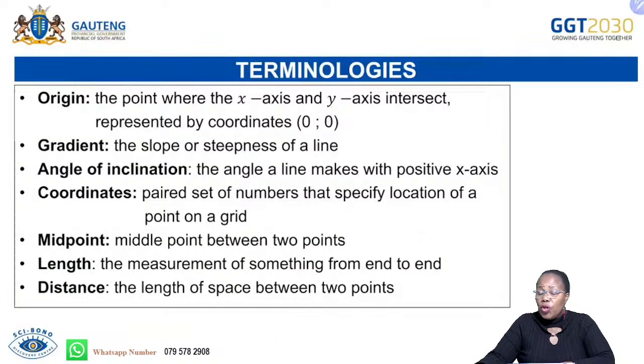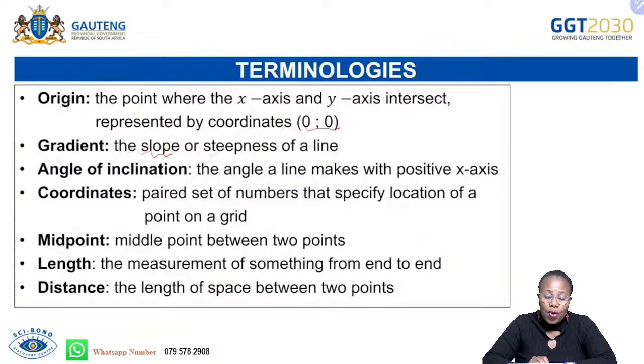And then there are terminologies that we are using under this topic. We have the point of origin. Point of origin is where the x-axis and the y-axis intersect on your Cartesian plane, where the point is (0, 0). We call that point the point of origin. And then now we have a gradient. I've already talked about this one.